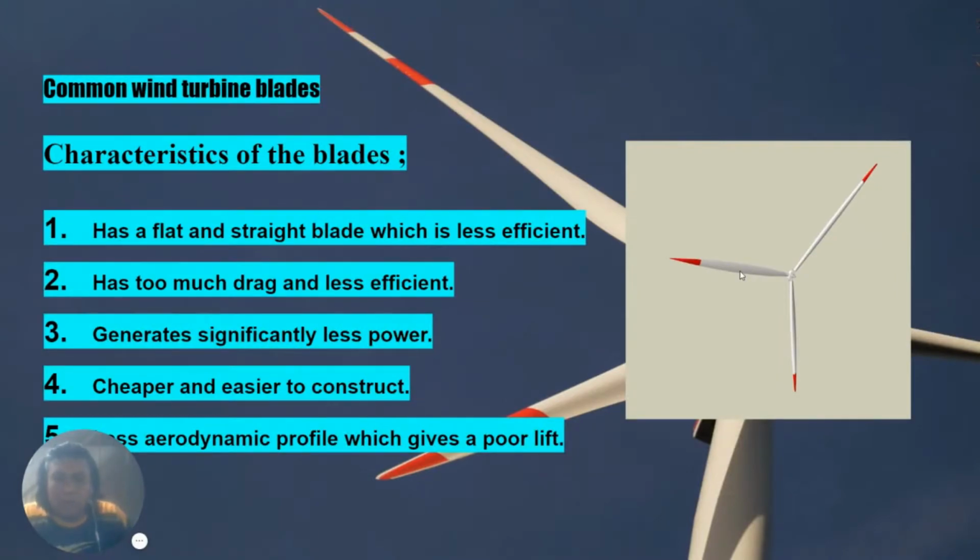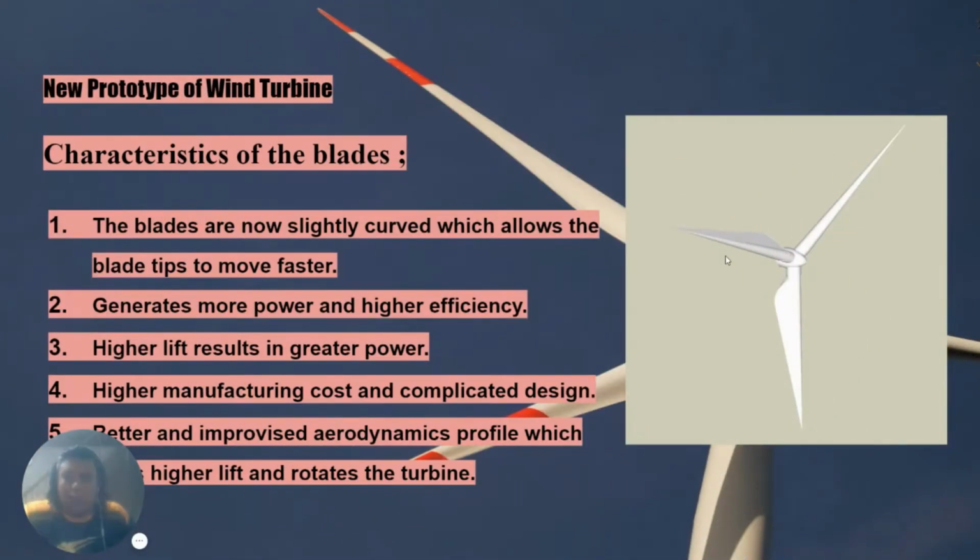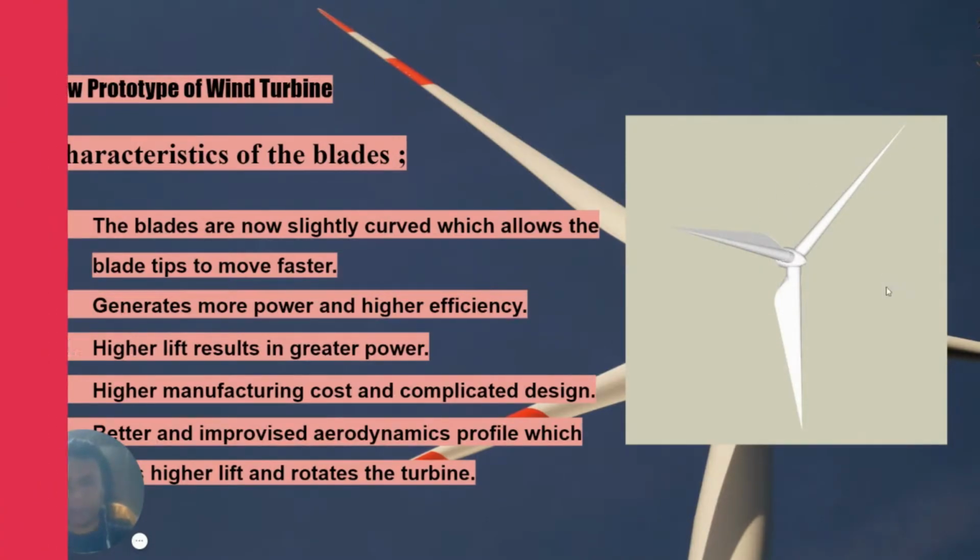So the second point, as you can see over here, is our new prototype of wind turbine. I have designed this new prototype of wind turbine using SketchUp. I will explain more about the characteristics of these blades.